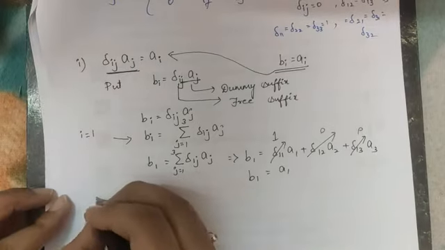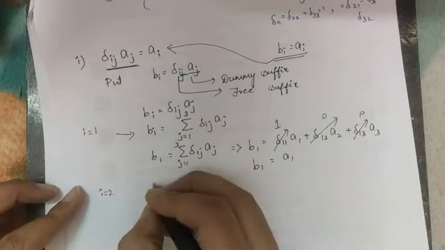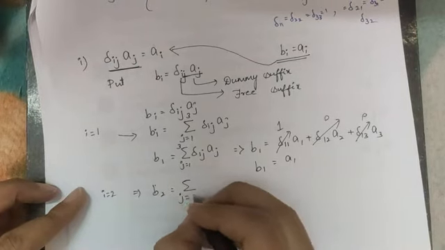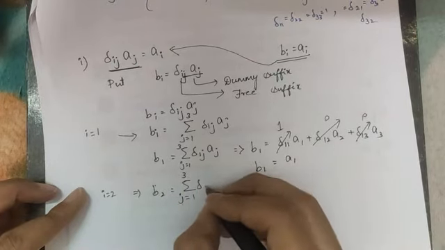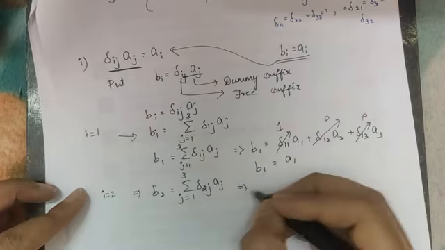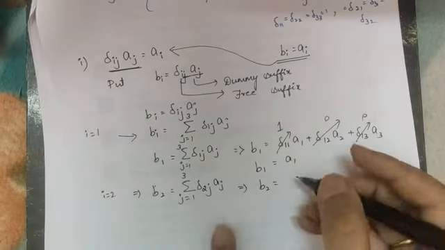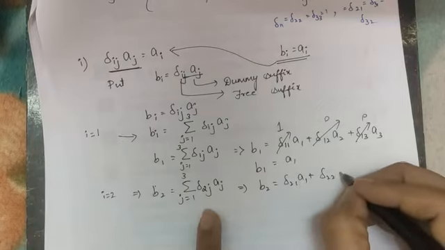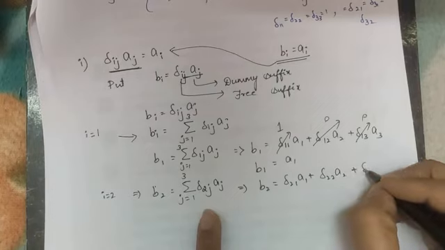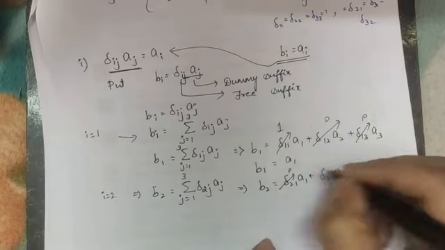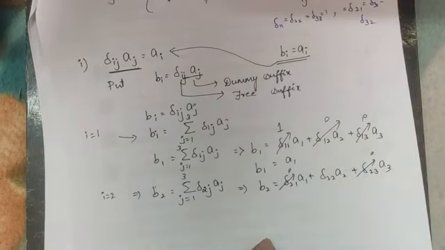Similarly, if you consider i is equal to 2, this will become b2 is equal to summation j is equal to 1 to 3 delta 2j aj. So you can write this as b2 is equal to delta 21 a1 plus delta 22 a2 plus delta 23 a3. Delta 21 is 0, delta 23 is 0, delta 22 is 1.